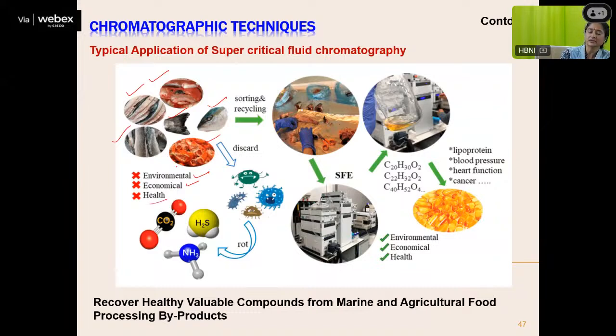So they will sort it, and then useful products will be extracted from it by supercritical fluid chromatography: lipoproteins, capsules for blood pressure, heart function, etc. This is the unit, how it looks. So recovery of healthy, valuable components from marine and agricultural food processing byproducts is done by this type of technique.